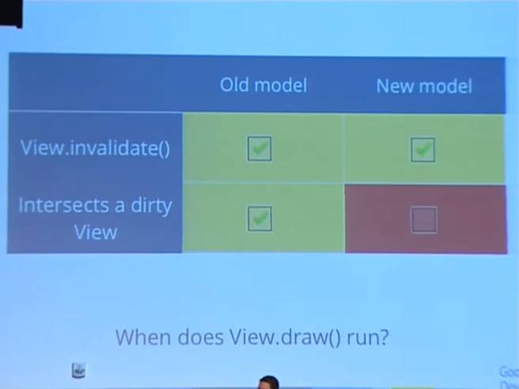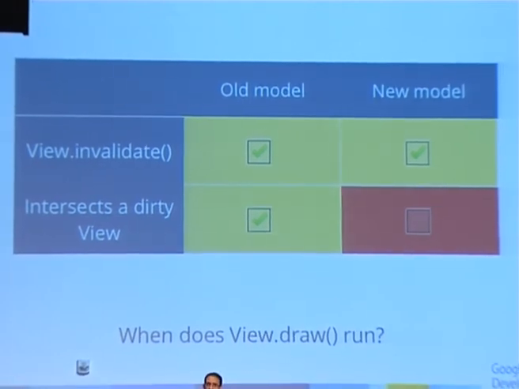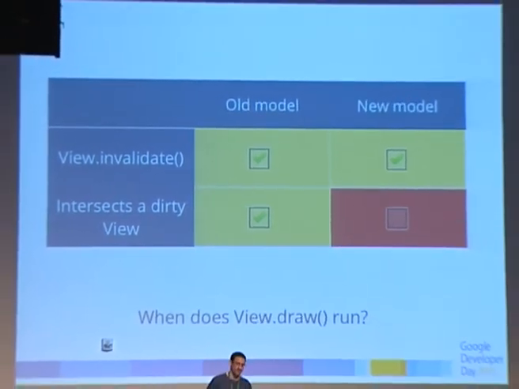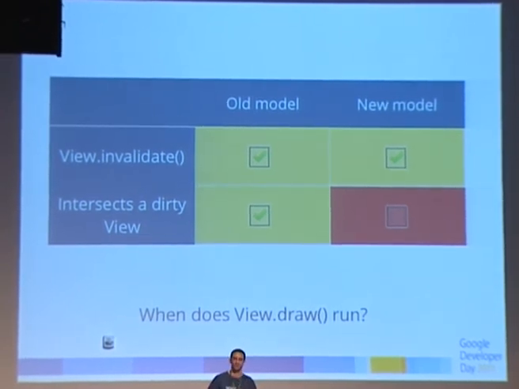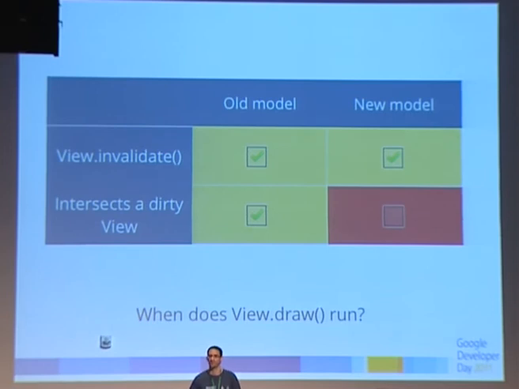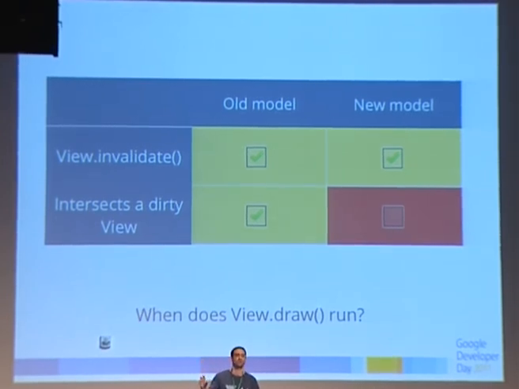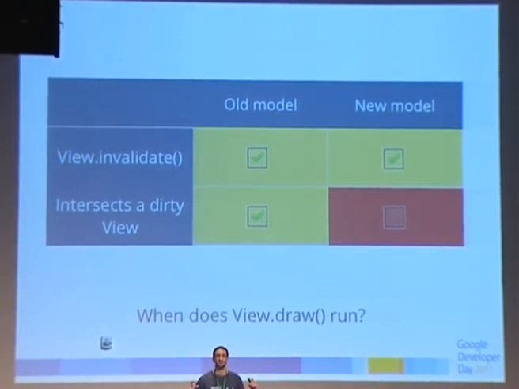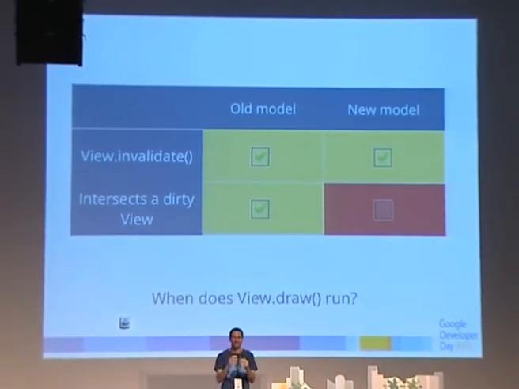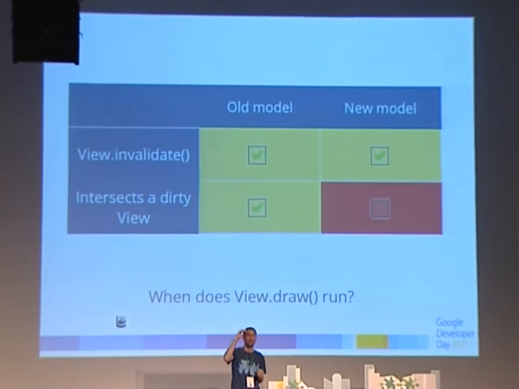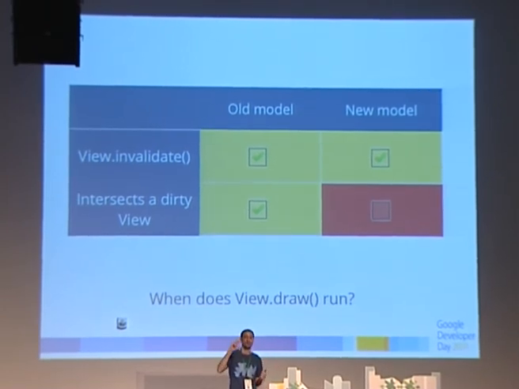What this means for you, because we're not relaying out the whole thing, is that if previously you expected the entire view group to get redrawn, so just by invalidating a small part of it, you expected the whole thing to get redrawn, that's no longer going to happen. You now have to invalidate each individual part of the view group, or if it's the entire view group, you can just invalidate that whole bar to ask for it to get redrawn again.